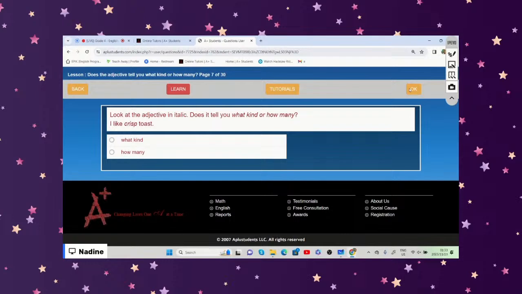I like crisp toast. So does it tell us what kind or how many?